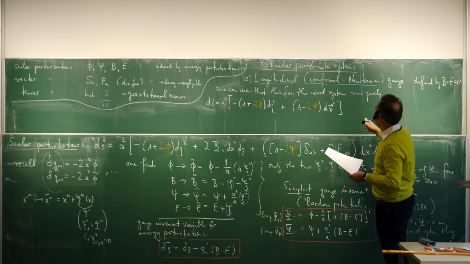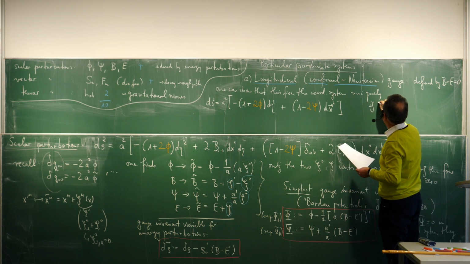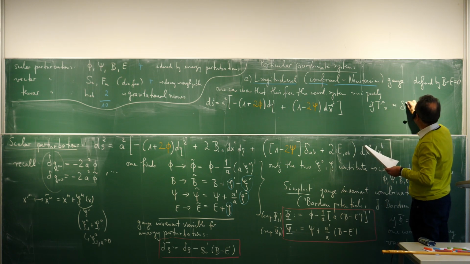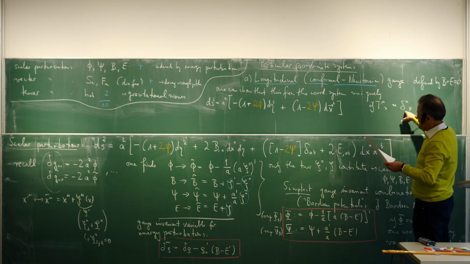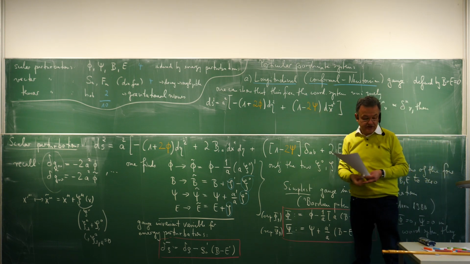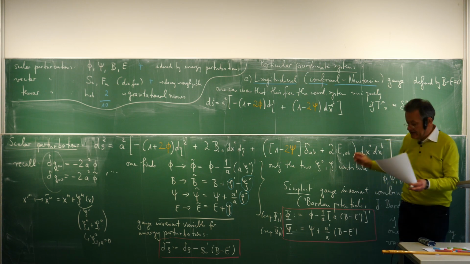Now one can also show further that if T mu nu, the right hand side of the Einstein equations, is only diagonal, then these two in this gauge are identical.